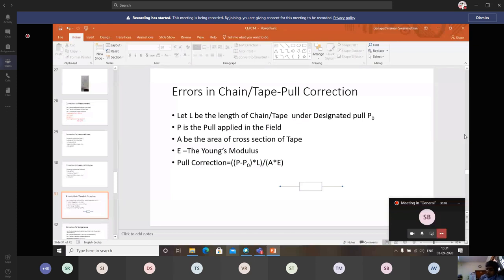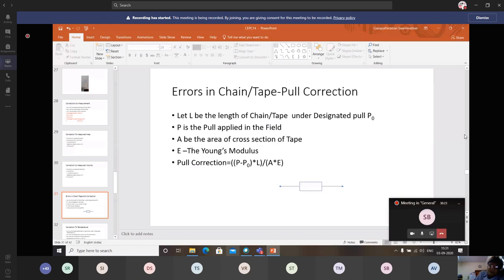If you are using a pull more than that, what will happen? Then it tries to expand along with it, the markings also get elongated.